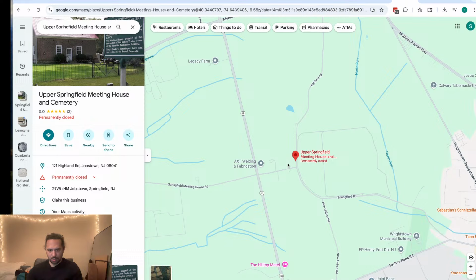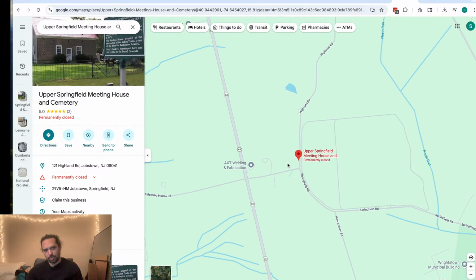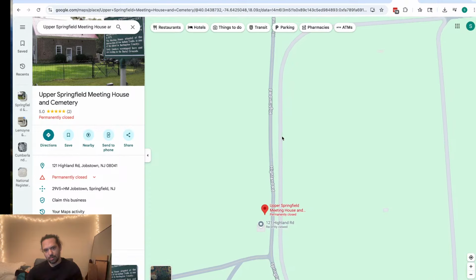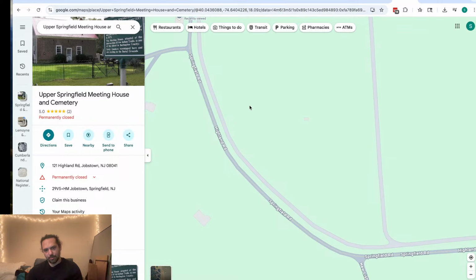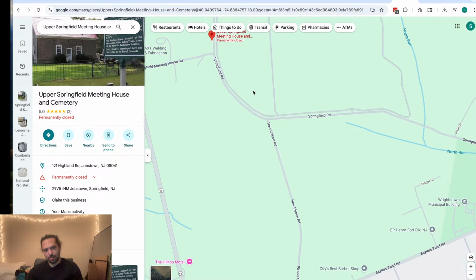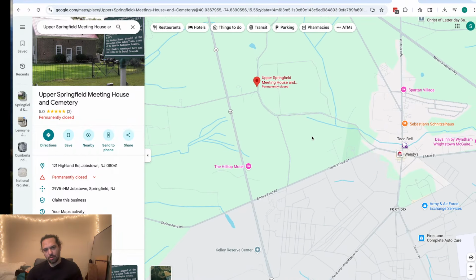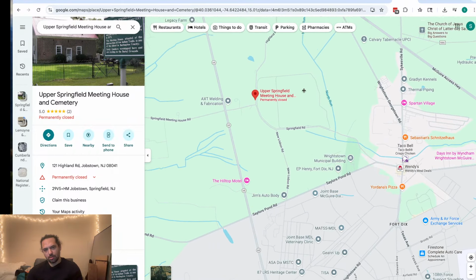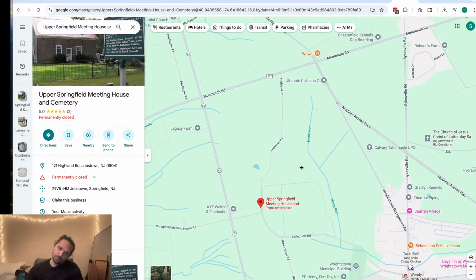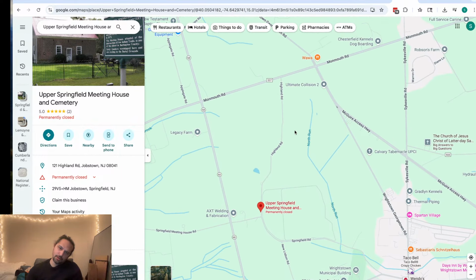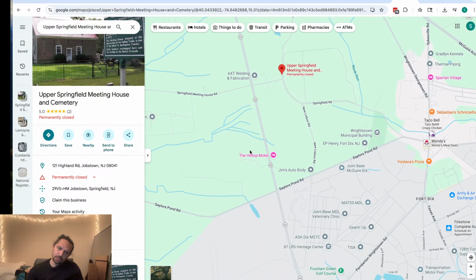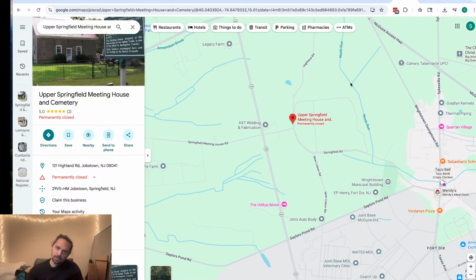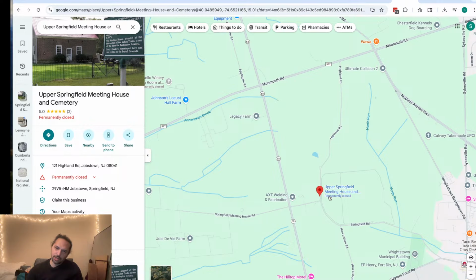So where would the 2 Indian trails be? I mean, obviously Highland Road was one of the Indian trails. Can we figure it out? It's hard to say. It is interesting how, look at how the creeks, Anarican Brook, this creek, this creek, none of them cross this trail.